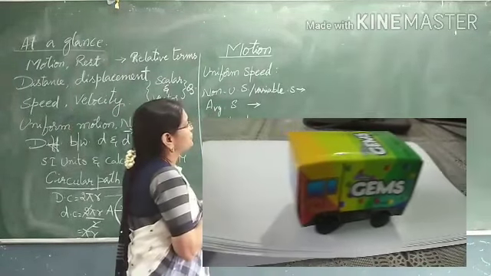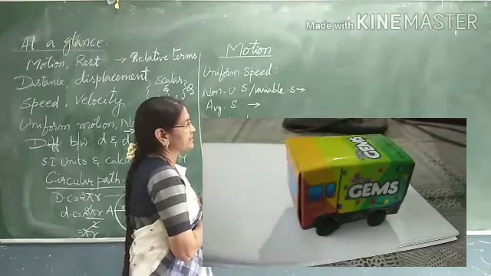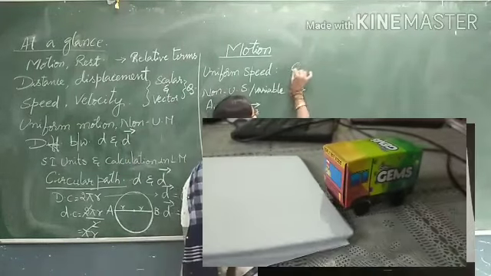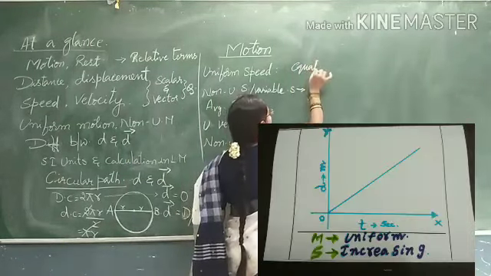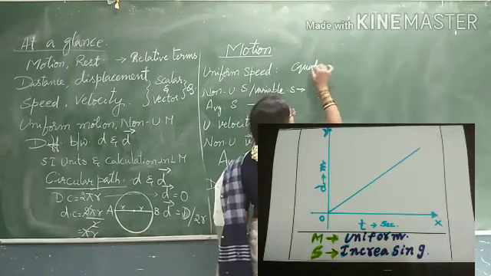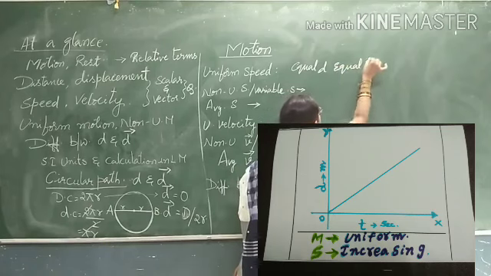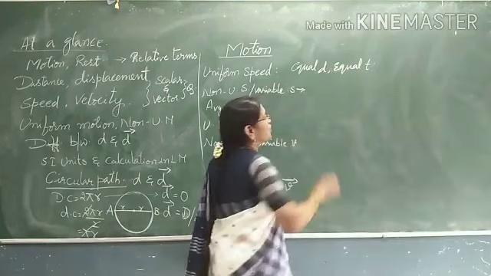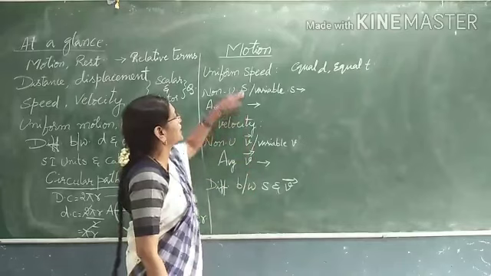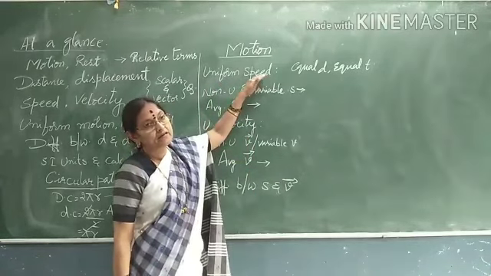Now coming to uniform speed: when a body is covering equal distances in equal intervals of time, however small the intervals may be, it is called uniform speed.